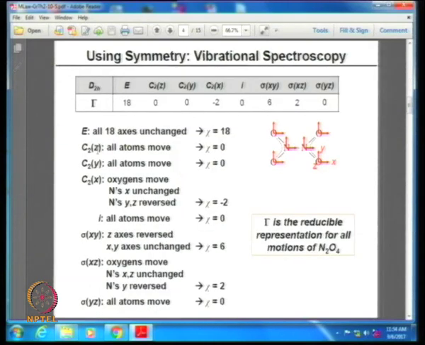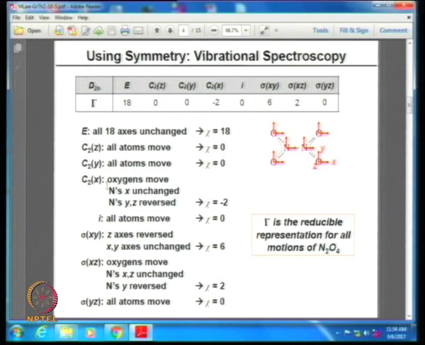So under z rotation, with the center of the molecule as the axis, if you rotate, all the atoms are rotating in it. So under this z axis rotation, the character is just 0. Then if you look under the same rotation, the fate of y, again all the atoms move, so you get 0.